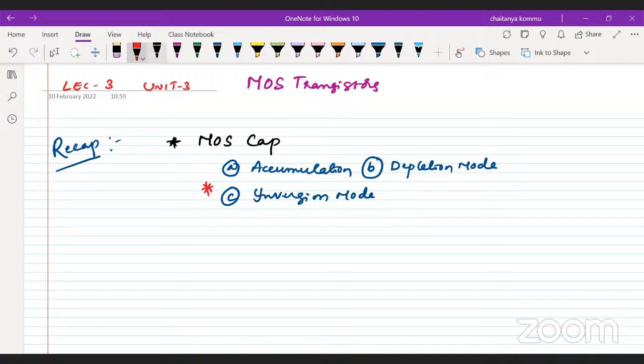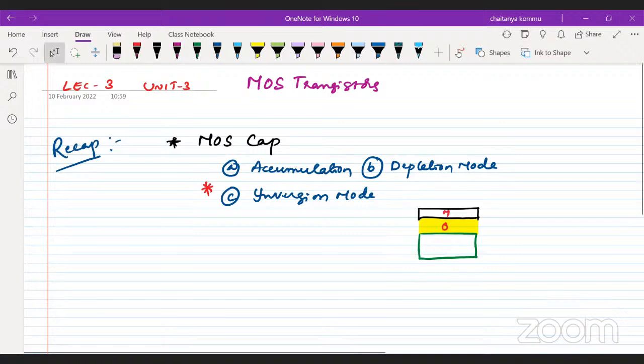For example, we have a MOS capacitor something like this. We have a capacitor here, and at the bottom of that we have a bulk. So this is what we know very well: metal, oxide, and semiconductor.